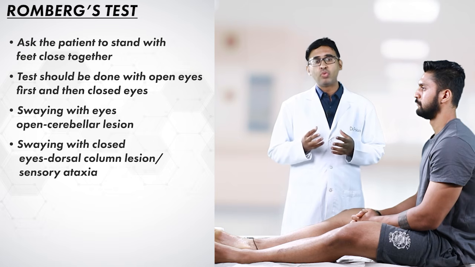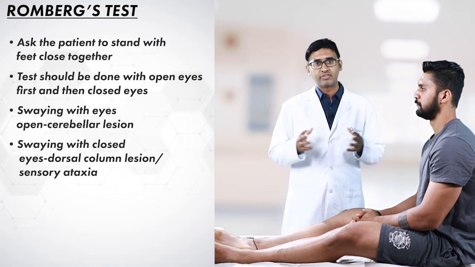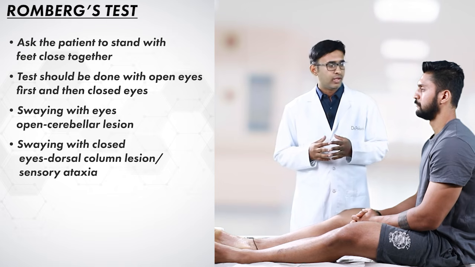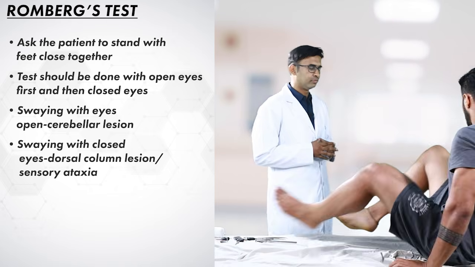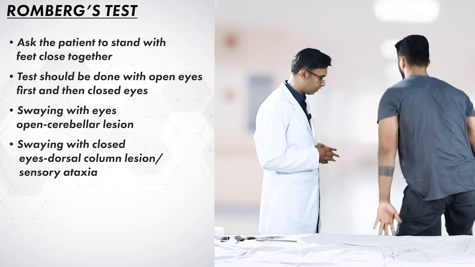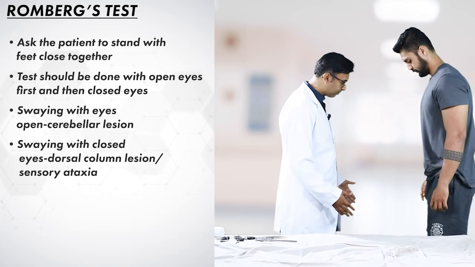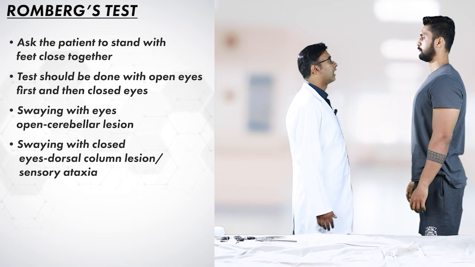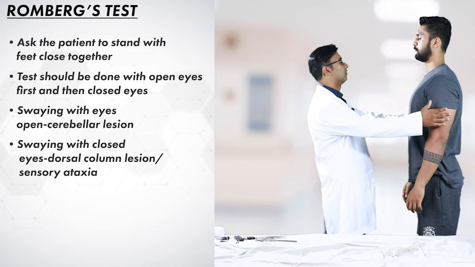Whereas if the patient sways with his eyes closed, this points to a lesion in the dorsal column, which is also called sensory ataxia. Now I'm going to demonstrate the Romberg's test. Can you please stand up here? Can you keep your feet together? Can you keep your eyes closed?